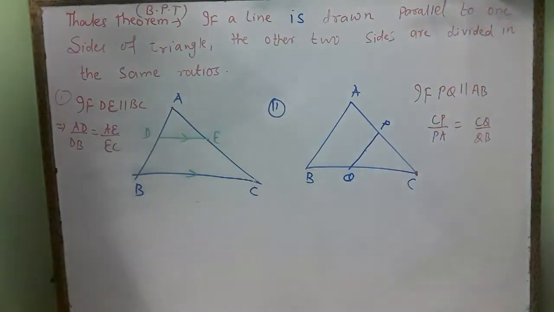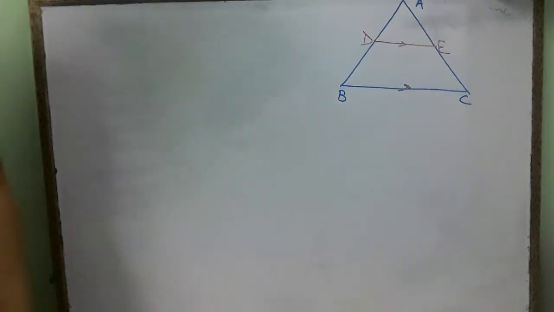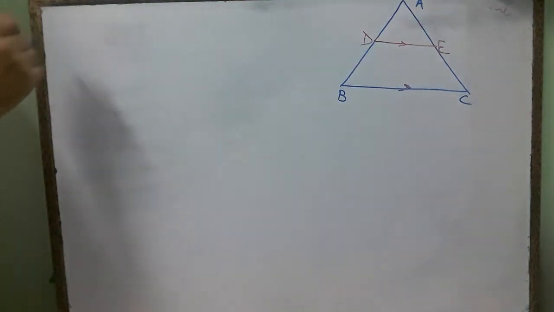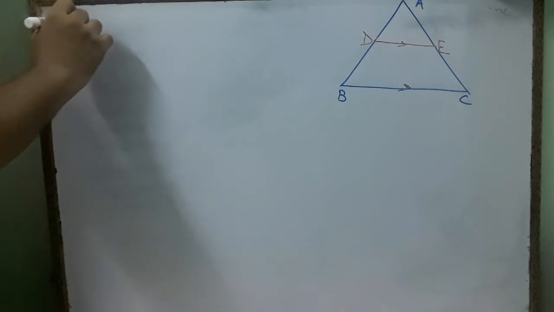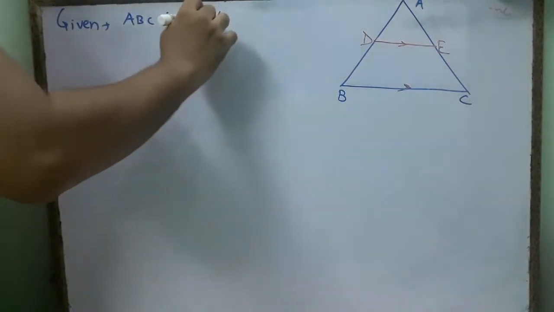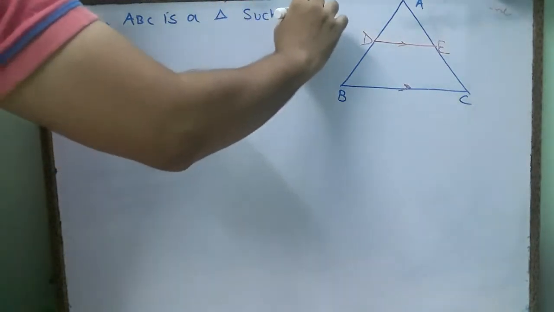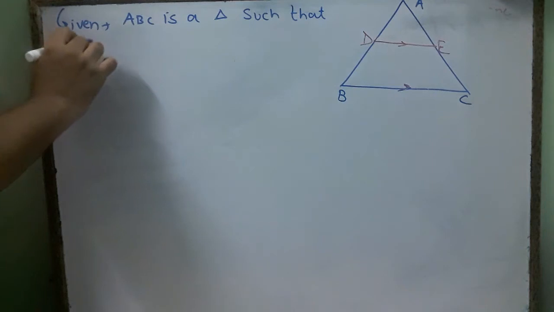So let's take the proof of the Thales theorem. See, student, this is the figure, and as per the instruction and as per the format of the theorem, we have to write first the given. Given is that ABC is a triangle such that DE is parallel to BC.